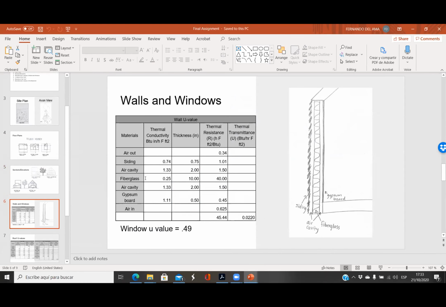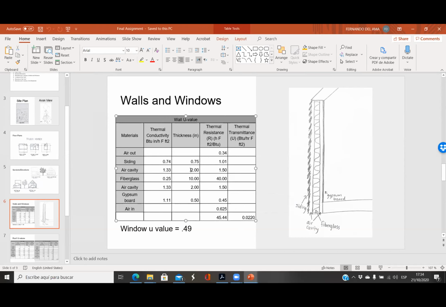Siding, air cavity, fiberglass, air cavity. Okay, so I think this is the first option. The R value is 45. That's fine because it's not 50. So for the second option, you can fill those air cavities. You have an air cavity here and another there, 2 inches and 2 inches.